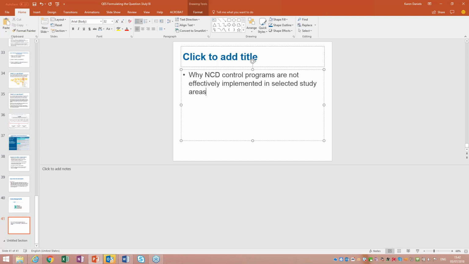The question is why NCD programs are not effectively implemented in a particular study area. Let's say, for example, we're picking a particular state, maybe Lagos State in Nigeria. Do you understand? Yes. So it's in fact in a particular system. So we can just pick a particular country if possible. Absolutely.